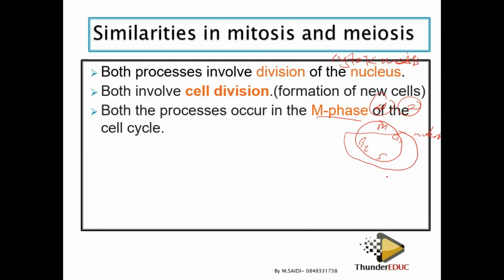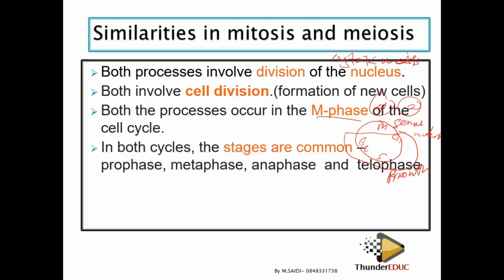I can call this the growth phase: growth 1, synthesis, growth 2. And then this is where the real division takes place. Actually, it takes around 80 minutes for it to happen, while this one takes the remainder of the 24 hours. That's what it takes.